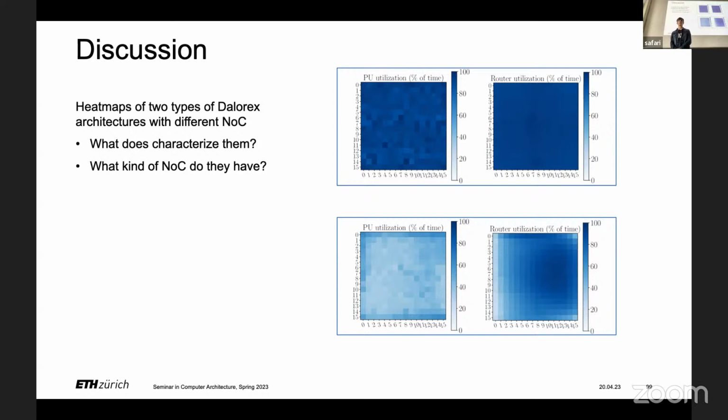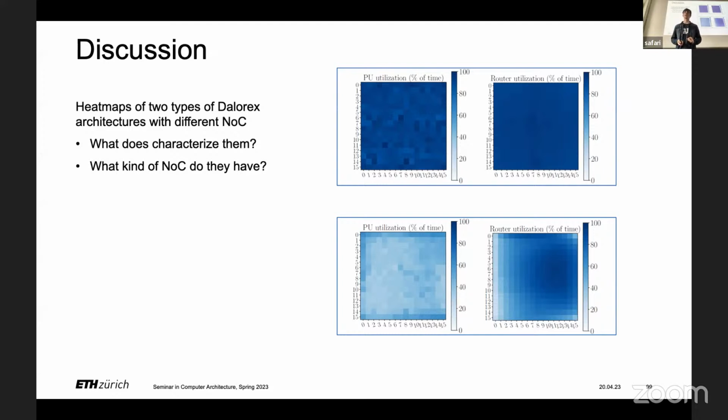Okay, so as you can see, in the first figure, the one above, the color is more homogeneous in the two images, while in the one at the bottom you have more router utilization, for example, in the middle of this chip, and also more processing unit utilization at the very edges of the chip.